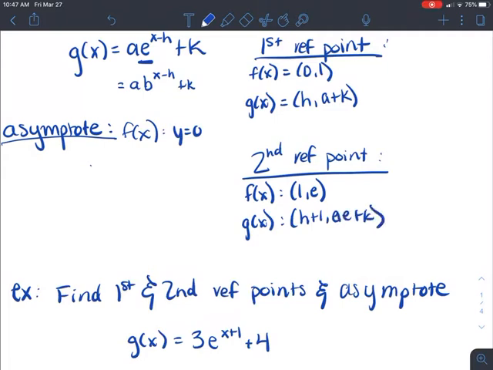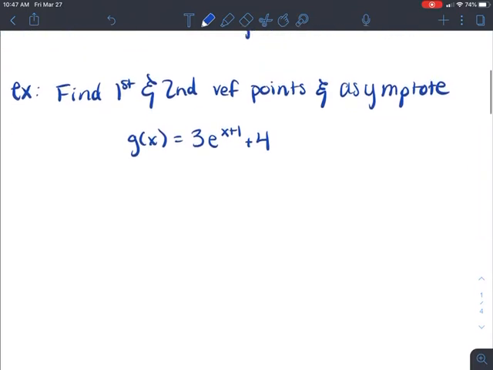Sorry, guys. My hand on the iPad screen is causing it to do weird things. So for the asymptote, our f of x, or our parent function, was y equals 0. But for our g of x, it gives us y equals k. So whatever your value of k is, that's what your asymptote is.